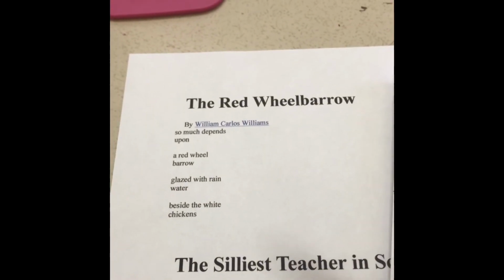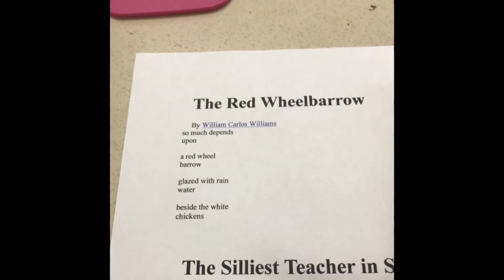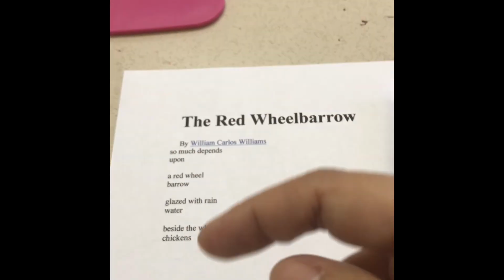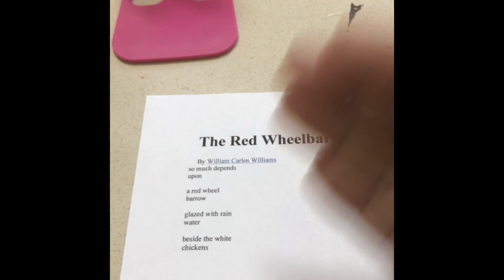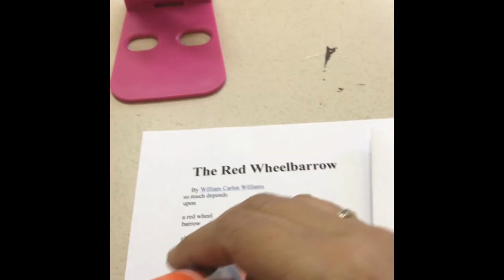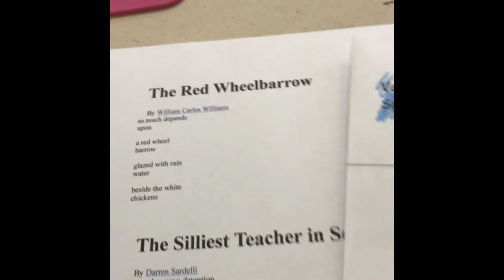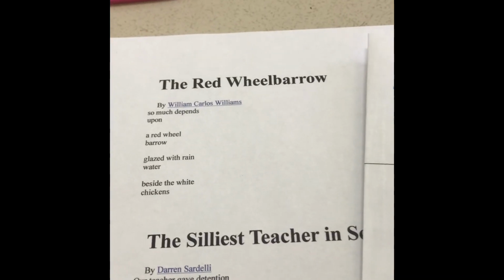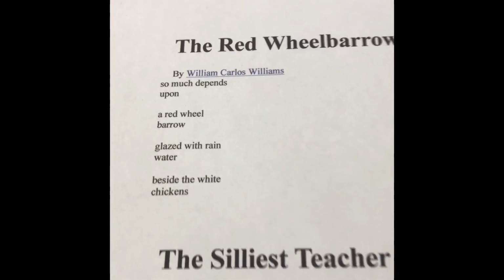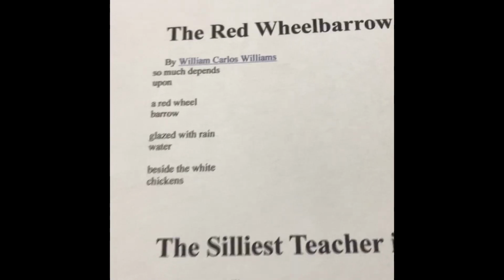So much depends goes up upon a red wheelbarrow glazed with rainwater. See how it kind of goes up? If I had a circle, it would kind of go like that, right? And kind of like the red wheelbarrow. So that would be the flow or the rhythm of that poem.